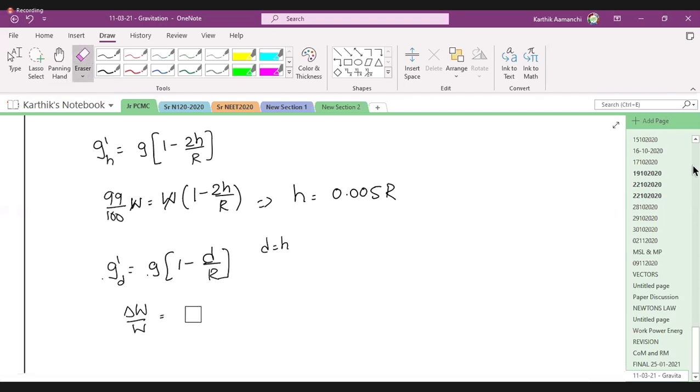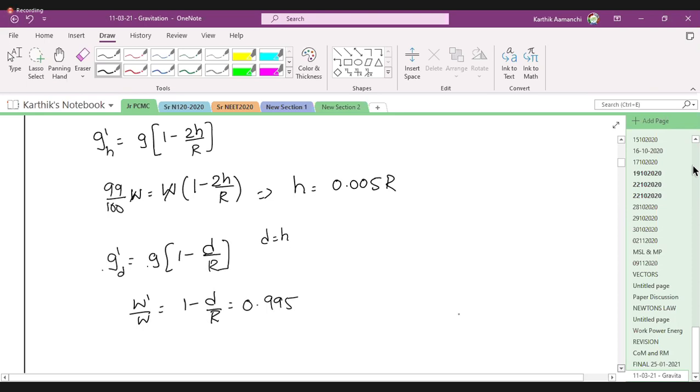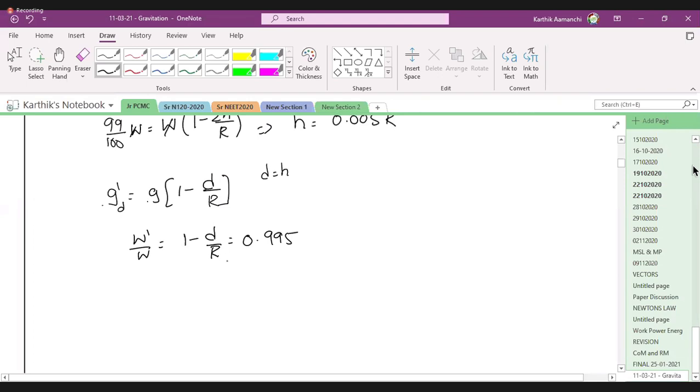No, we do one thing. First, tell me what is your W dash by W? 1 minus d divided by R. d is 0.005 R. Now minus 1 both sides, right? So it will be 0.005, that is 0.5% decrement. Good.